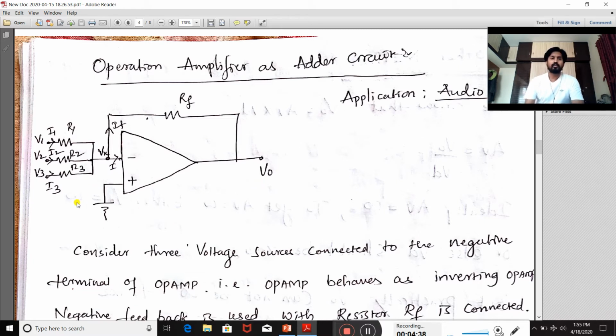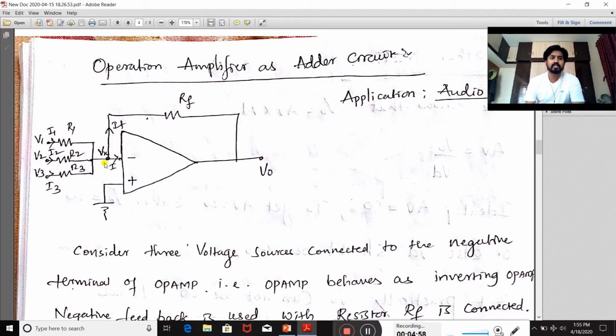Now when we apply different voltages and it becomes a common node, this current I becomes 0 because of the infinite resistance offered by the operational amplifier. Now let's use KCL at this node.